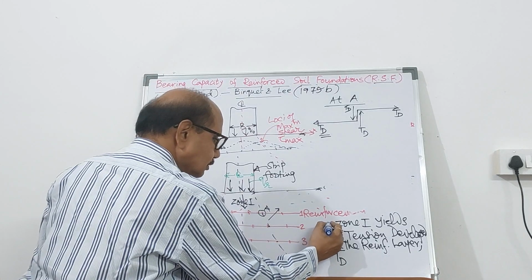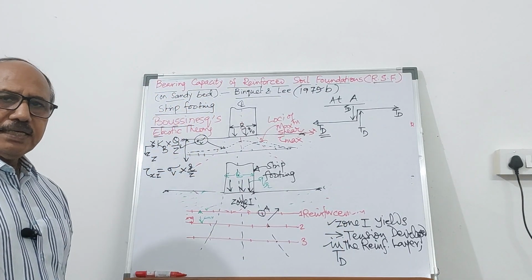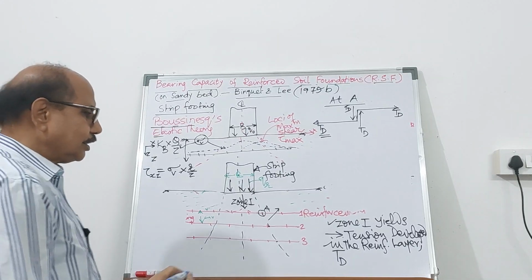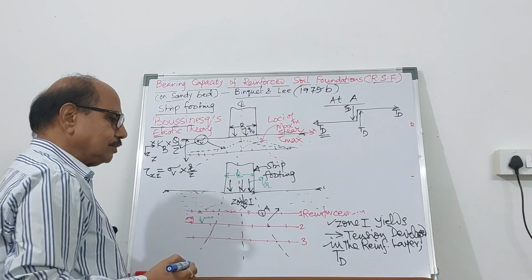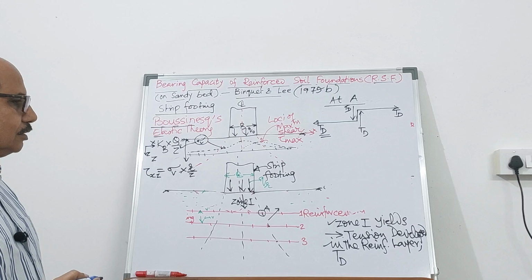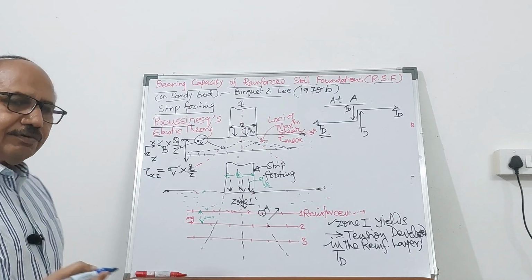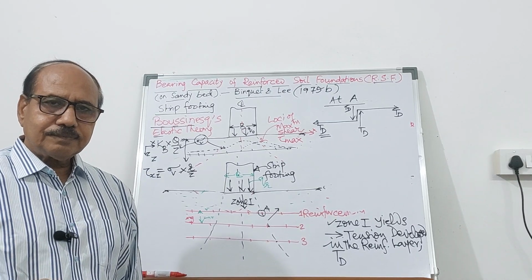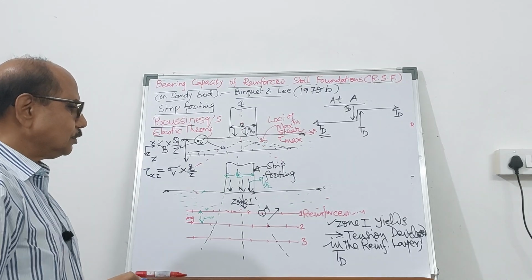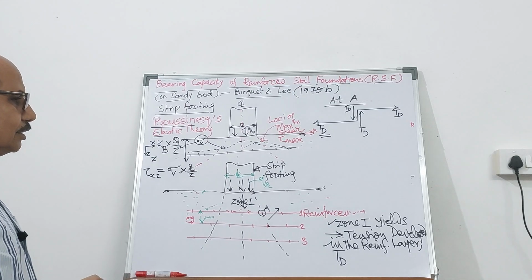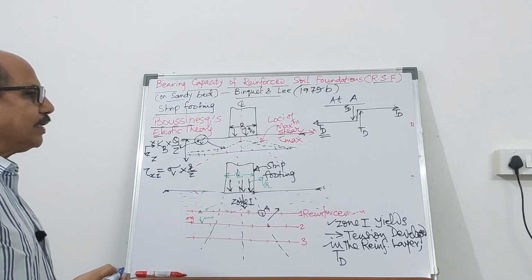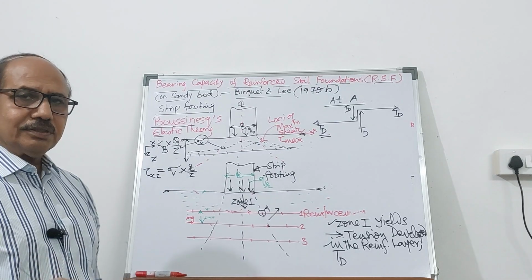So zone 1, rightly said in the Binkett and Lee investigation, yields tension developed in the reinforcing layers, TD. So TD can be quantified, and it has been given in non-dimensional terms. We will come to that point later on. So friends, it's a very useful expression given by Binkett and Lee in non-dimensional terms.